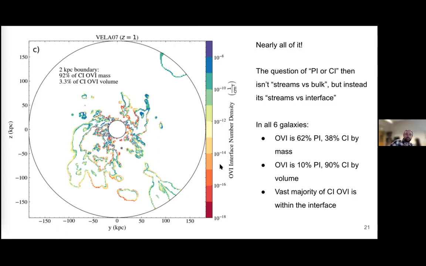So in all 6 galaxies, oxygen 6 is about 2/3 photoionized by mass and about 10% photoionized by volume. So that's the inside of the clouds, 90% collisionally ionized by volume. But the vast majority of the collisionally ionized oxygen 6 is within this interface layer.